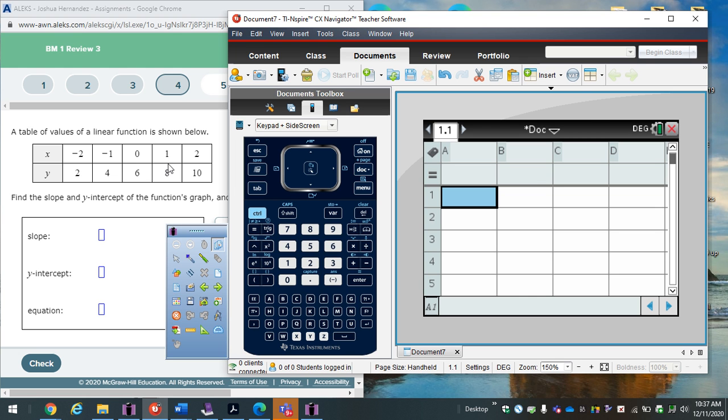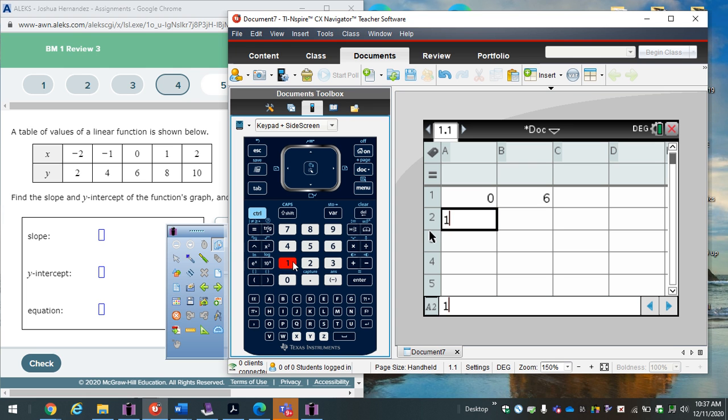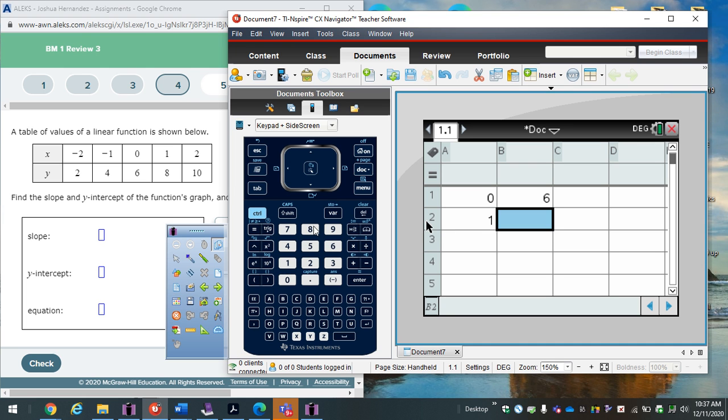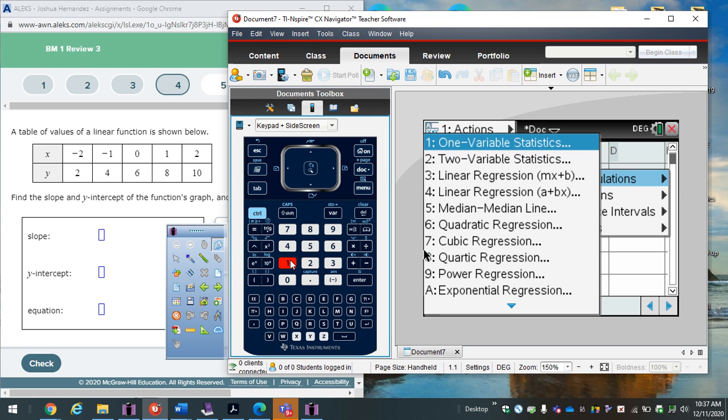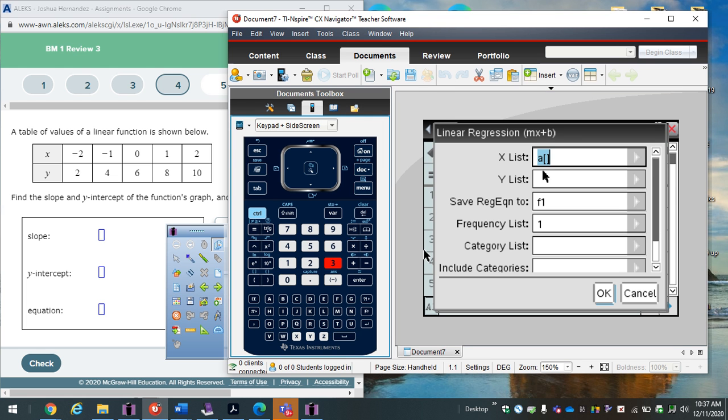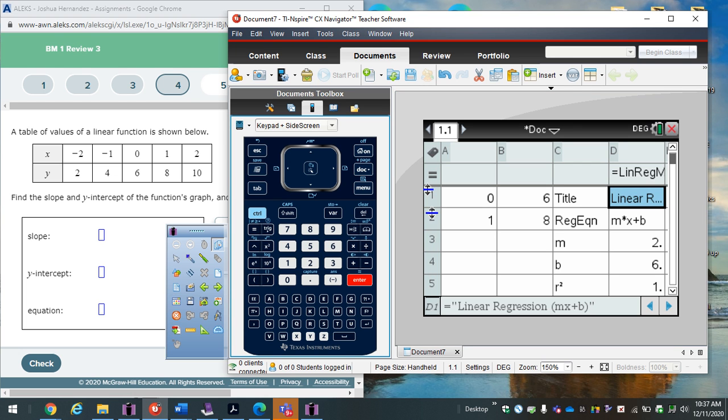I'm just going to put in the numbers right here. 0 goes with 6. 1 goes with 8. Come out here. Menu 4, 1, 3. Here goes B. Then control here. Enter, enter. There's everything I need.